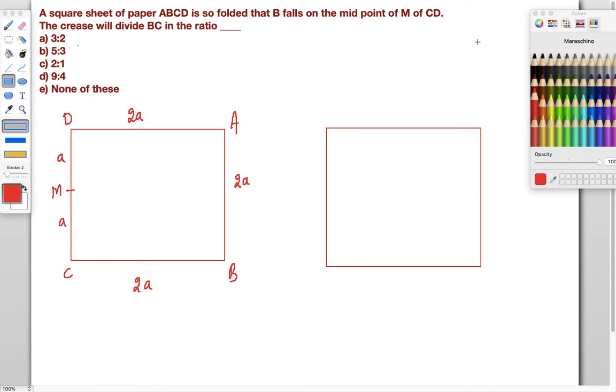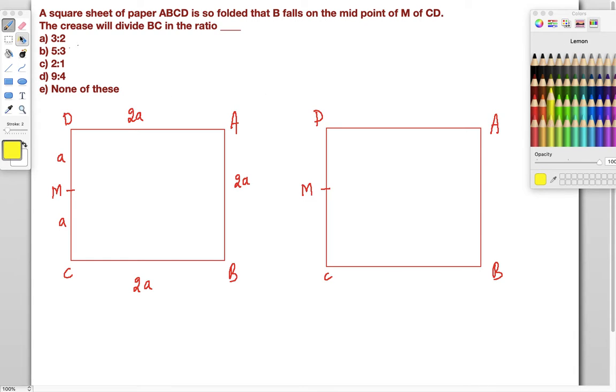So this is A, this is B, this is D, and this is C, and this is M here. You do not need to join; you need to make sure that point B coincides with point M. And then you can observe the figure. Just take a piece of paper in your hand for better understanding.